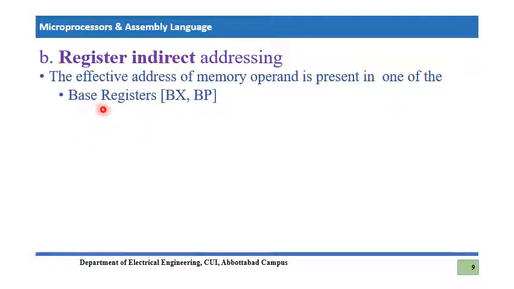It will either be a base register, BX or BP, or an index register. So instead of providing the direct effective address in the instruction, we store that effective address in one of these registers, and then these registers are used in the instruction. So indirectly we are providing the effective address with the help of registers. That is why this is known as register indirect addressing mode.